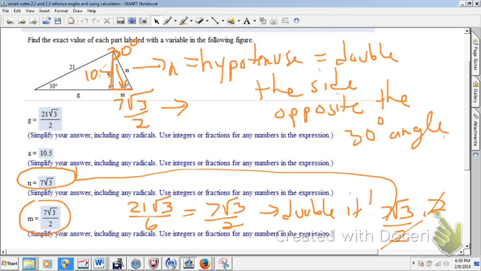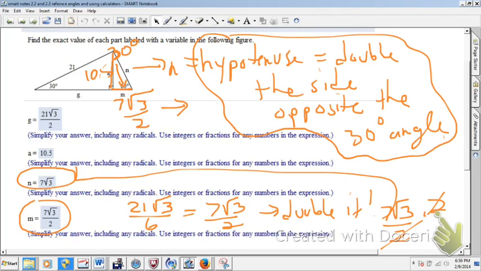Hope that helps. I just wanted to reiterate, always go back to our original 30, 60, 90 construction, and perhaps it would help you to take a note card and put it into words, things like I did right here, that on that original 30, 60, 90 construction, the hypotenuse is double the side opposite the 30-degree angle, and just make little recipes like that. Okay, good luck out there.